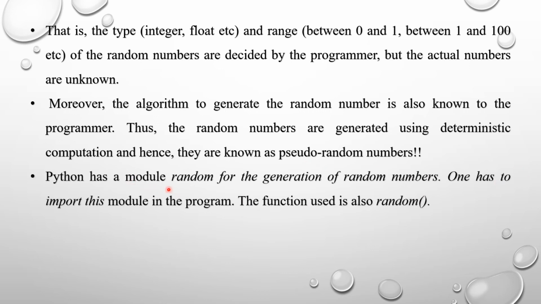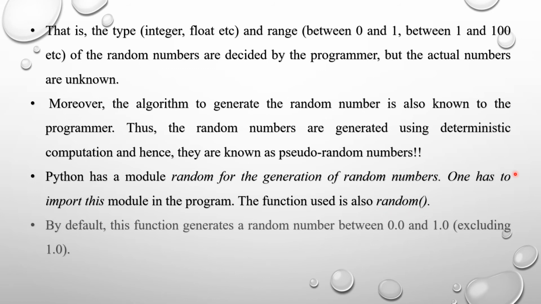Python has a module random for generating random numbers. The module name is random. One has to import this module in the programs. The function is used as random(). The module name is random. The built-in function name is random().